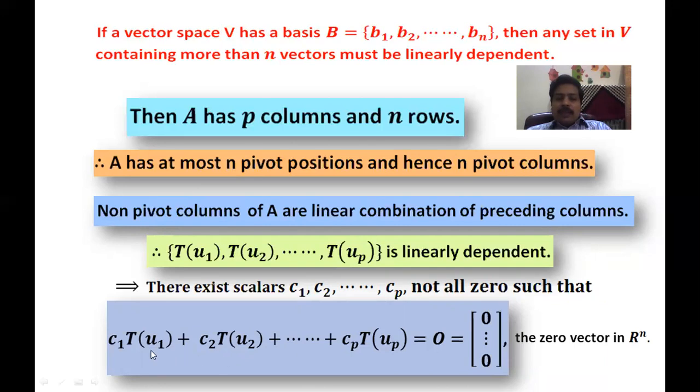So at least one of c1, c2 and so on cp is not 0, since it is a linearly dependent set. If all are zeros, then it is linearly independent. But we have got that this set is linearly dependent. That's why there will be at least one non-zero among these scalars.